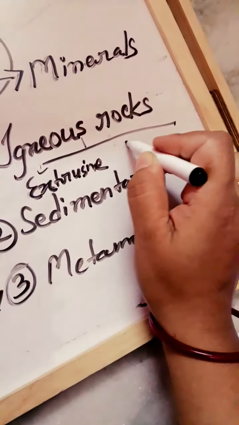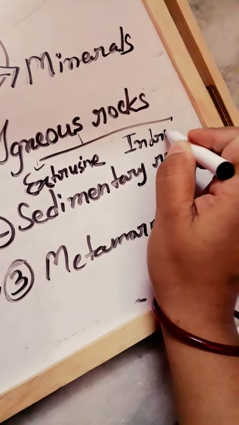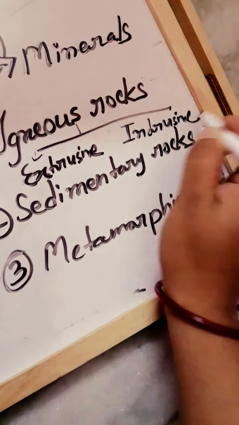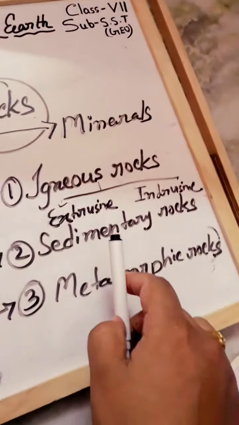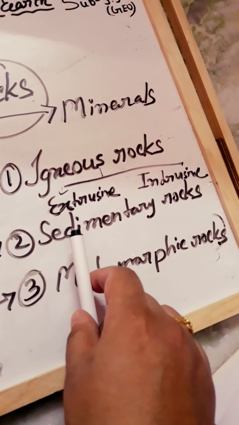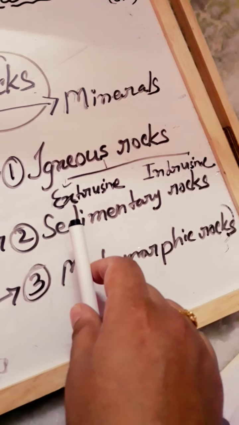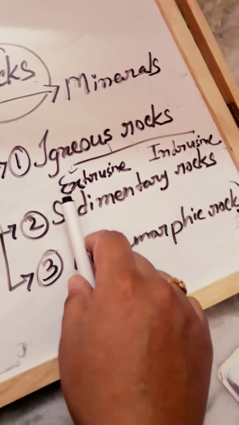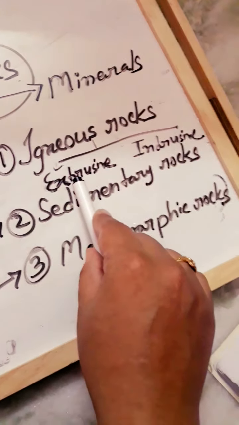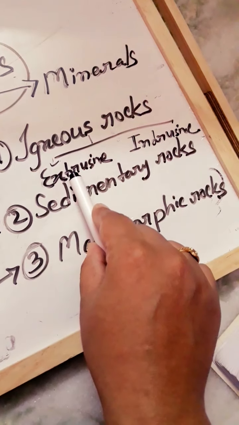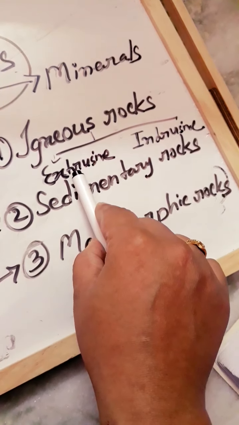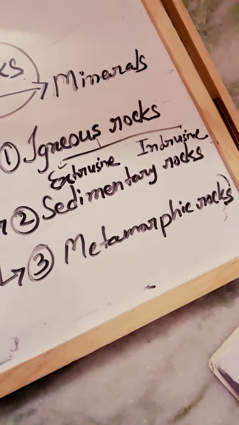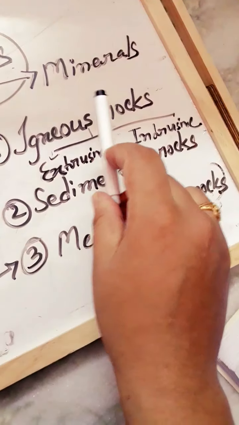Extrusive rocks have a fine grained structure. As an example, we can say basalt. And intrusive rocks means magma that gets trapped in veins deep inside the earth. It is known as intrusive rock.